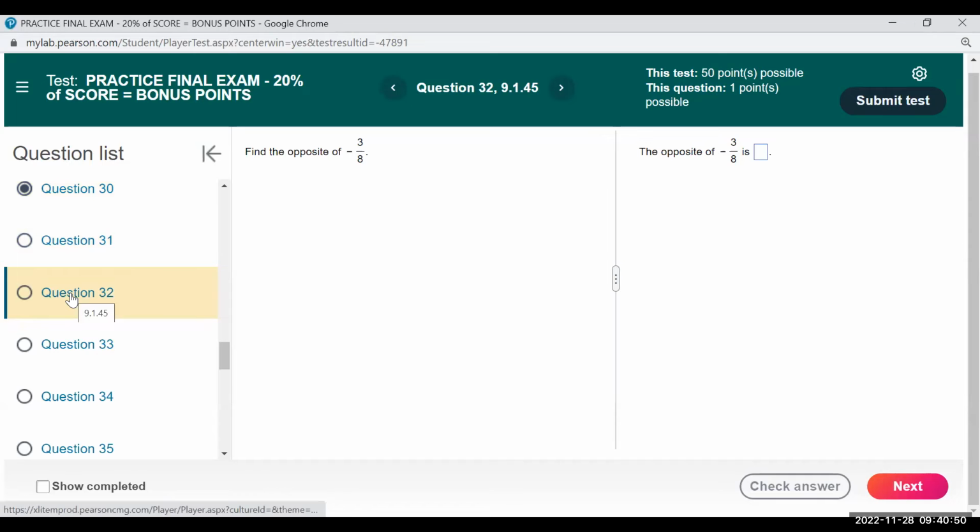Okay, what's the opposite of negative 3/8? It's just 3/8. Opposite means just change the sign. So it's positive 3/8.